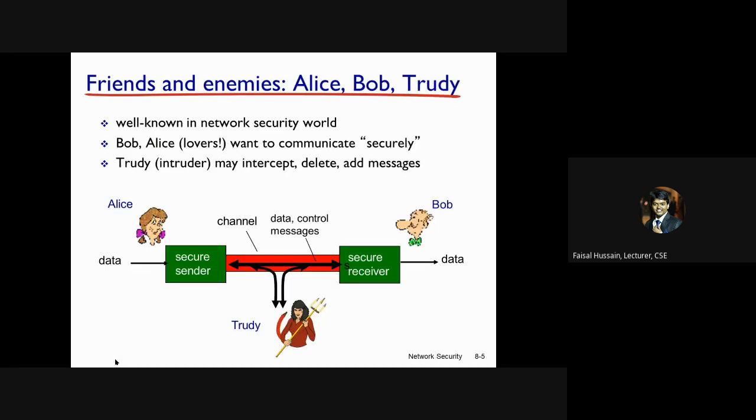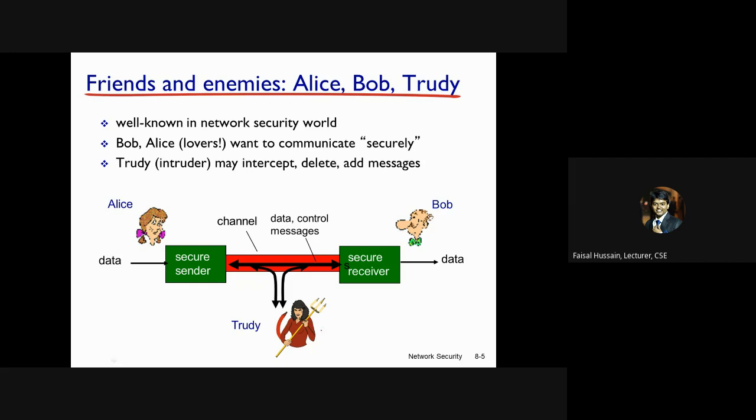Throughout this chapter, we will use three persons, Alice, Bob, and Trudy, where Alice and Bob are the right persons. That means one will be the sender, another will be the receiver. And Trudy is the enemy, the attacker, or the adversary. So in the network security world, these three characters are used several times.